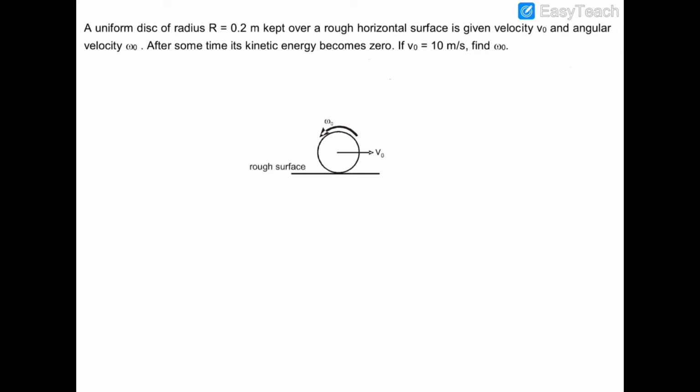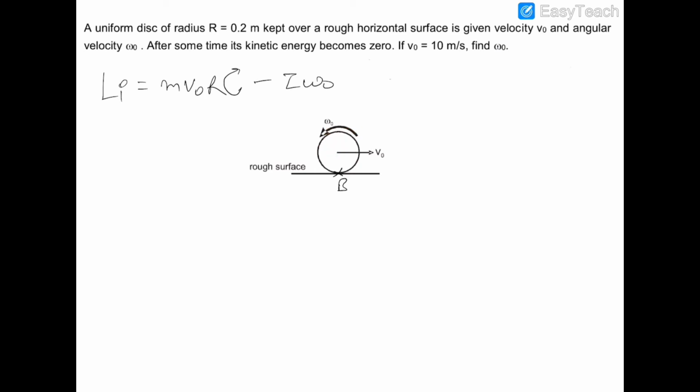Now you can see that the initial angular momentum of this disk about point B is m v naught r in clockwise sense, and minus I omega naught in anti-clockwise sense, because this omega is in anti-clockwise sense.